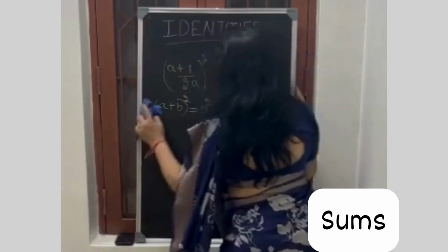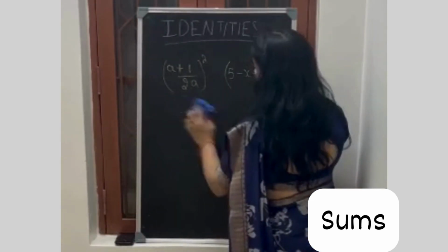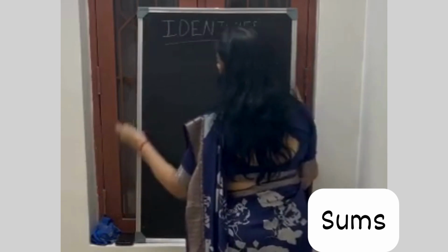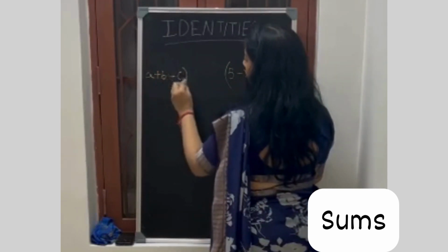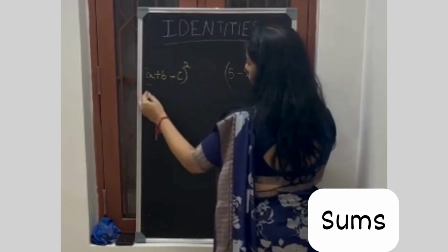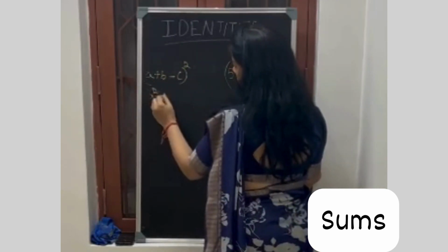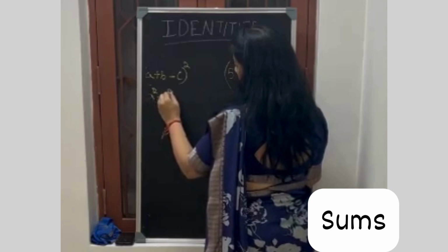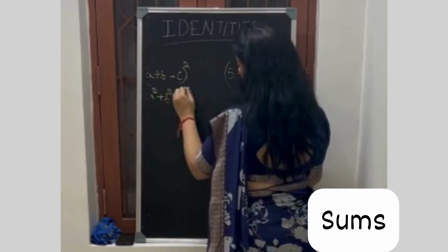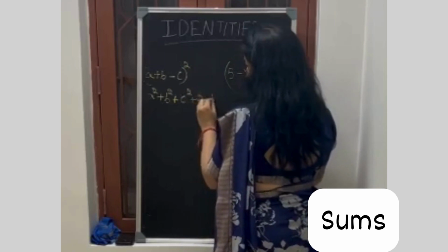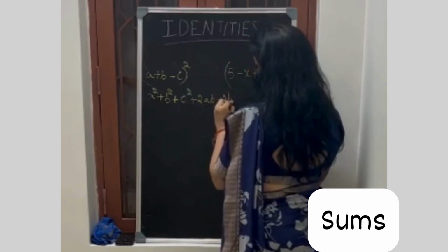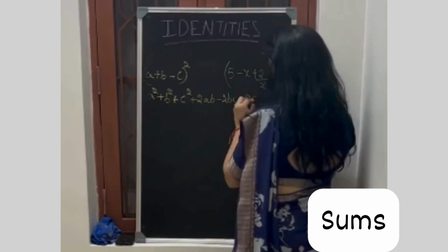Okay? Now my next sum. I also gave you the formula of (a plus b minus c) the whole square. What was the formula? a square plus b square plus c square plus 2ab minus 2bc minus 2ca.